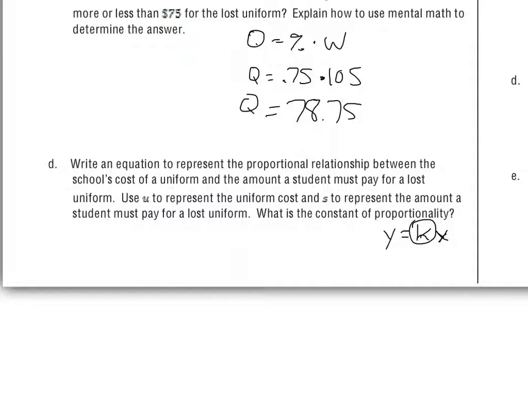Alright, so as we write this, basically we're replacing the cost for the student, that was the quantity we were figuring out, and that was 75% of the price of the uniform. So we can write S is equal to 0.75U, and what we see here is our constant of proportionality. Constant of proportionality is 0.75.